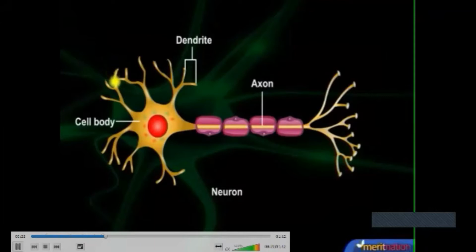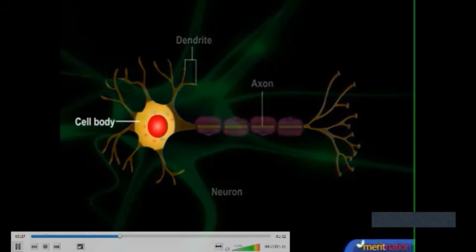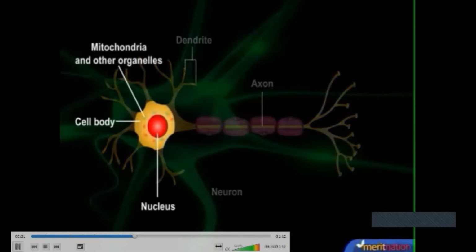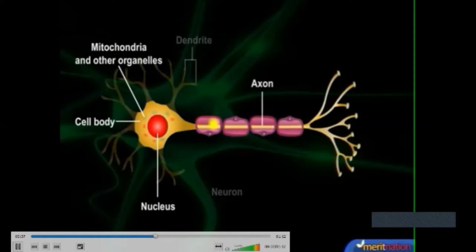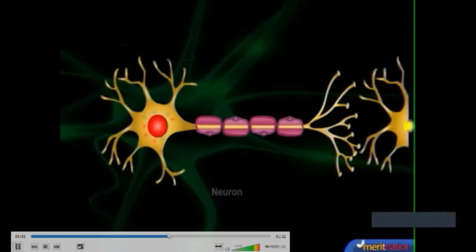Dendrite receives information from the previous cell and conducts it towards the cell body. The cell body contains the nucleus, mitochondria, and other cell organelles. It takes care of the maintenance and growth of the cell. The axon conducts messages away from the cell body towards the next dendrite.